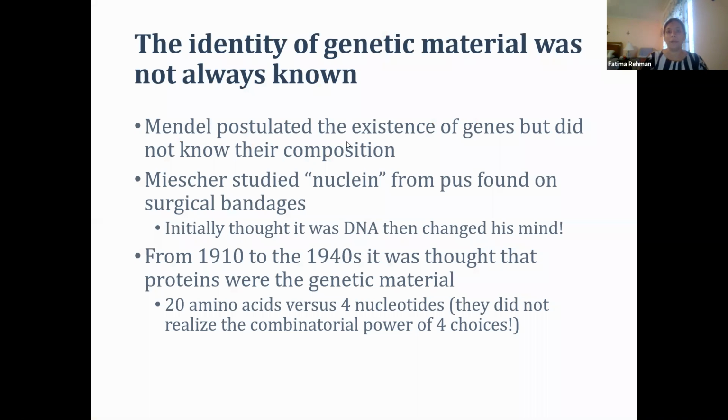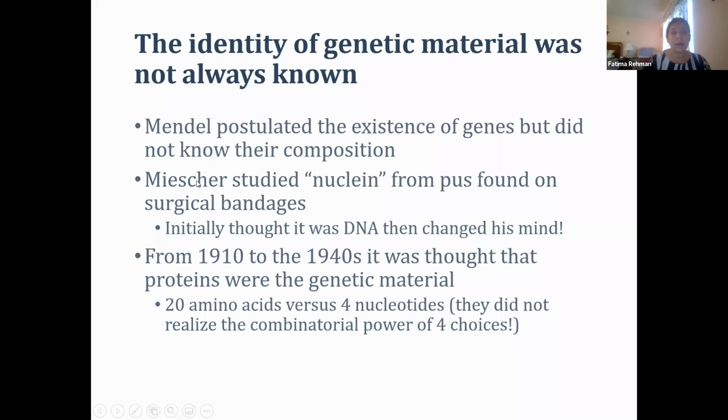So all of us at this point know about how we identified the genetic material as DNA, but that came through a string of research. Initially, we just had this observation from Mendel, who postulated that there must be some type of genes, but he didn't know exactly what their composition was that were controlling all these phenotypes that we saw in living things.